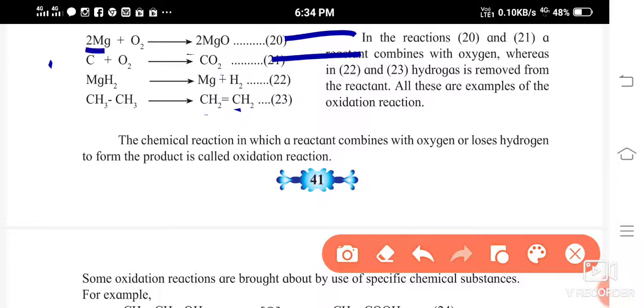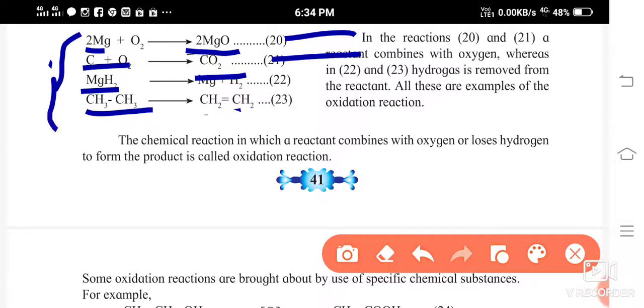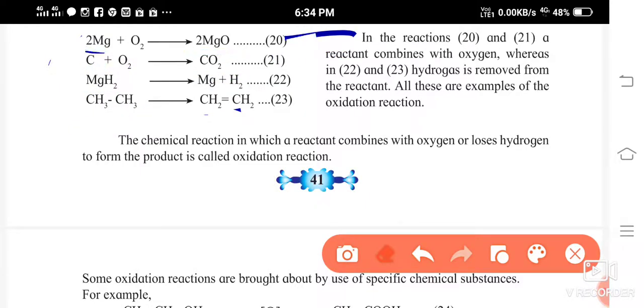In these two other cases, the reactant lost hydrogen, right? So in all these 4 cases, we say that an oxidation reaction has taken place.